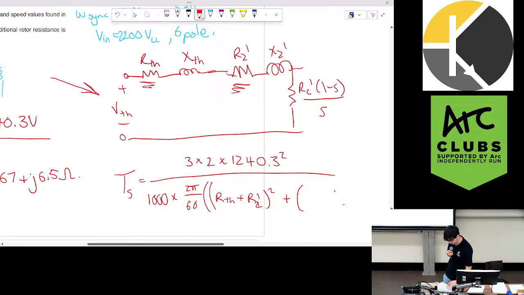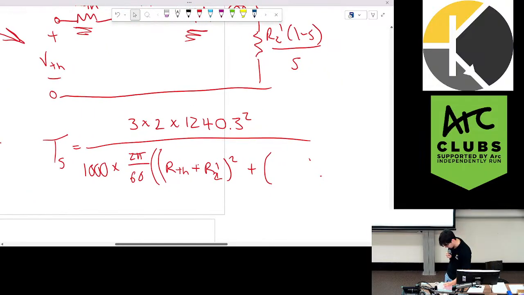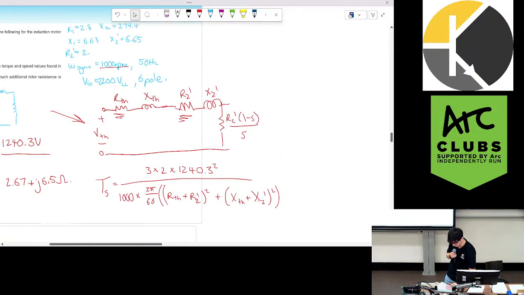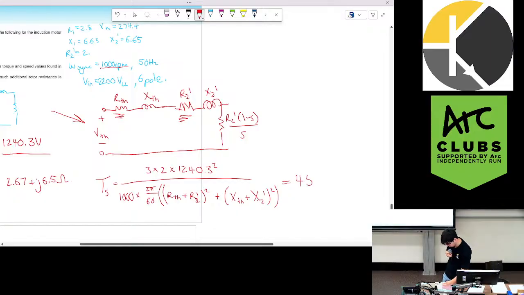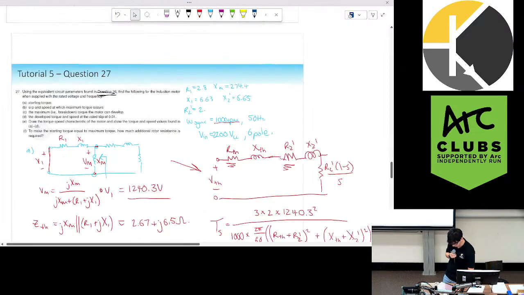Looking at our inductance, we have XTH and X2 dash, and that will be squared. Subbing in those parameters that we're given, we will get a final value of 452.63 Newton meters. Okay, so that's the first question.